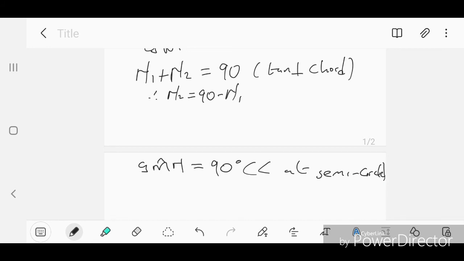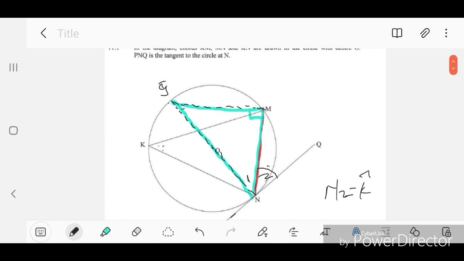Now, in the same triangle, this plus this plus this equals 180 degrees.